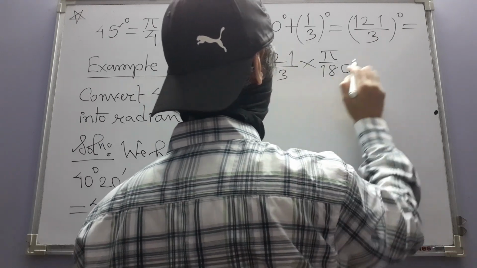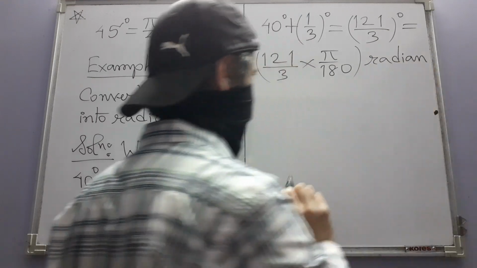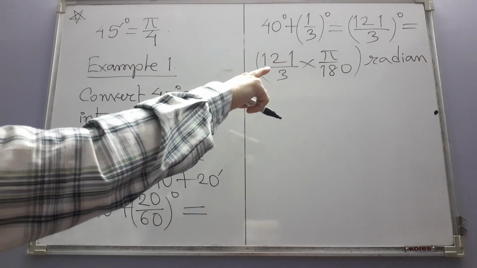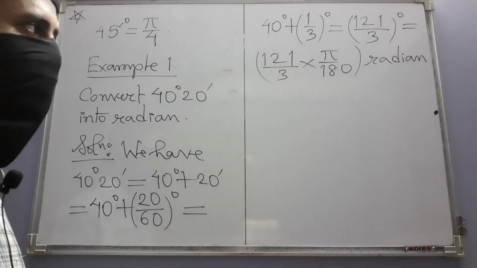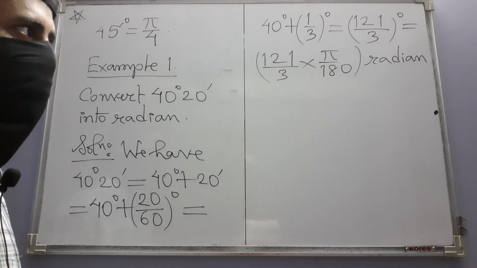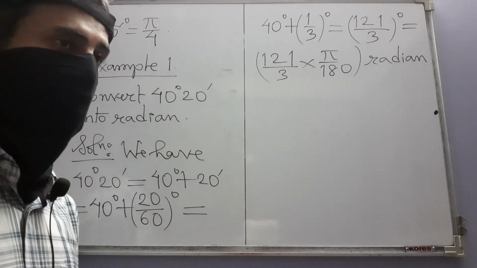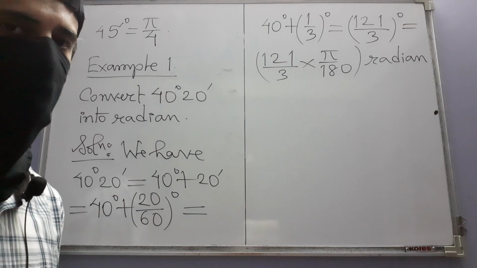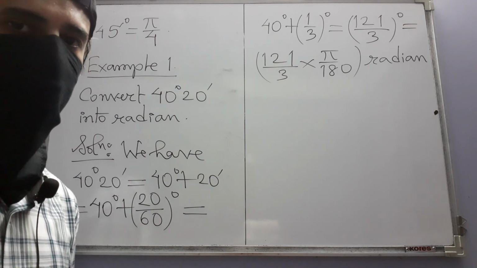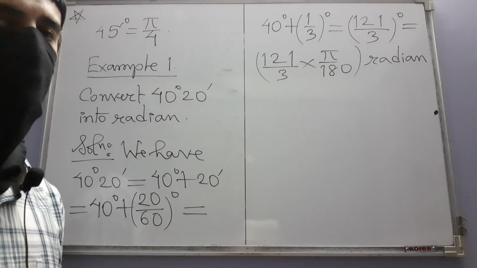So we simply write radian. If you want, you can write simply RAD, shortening it somewhat. I don't know if that is really allowed from an examination point of view, but it is a practice. Okay, it's not something that I am simply making up. We do write RAD.